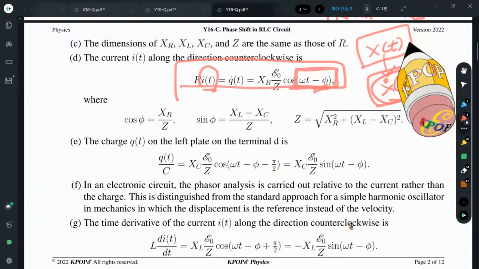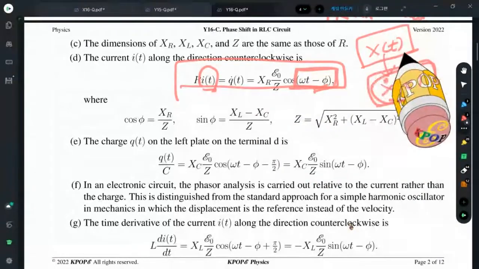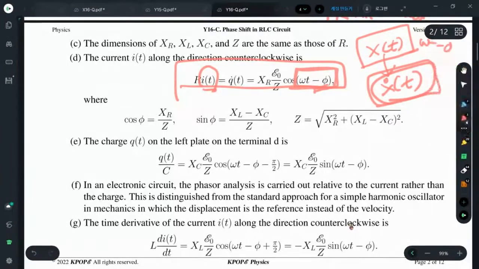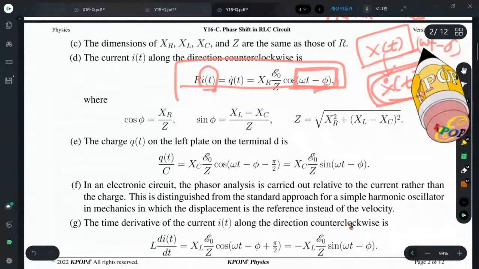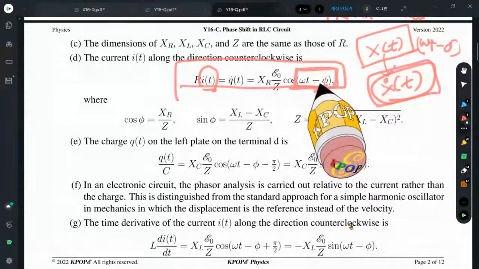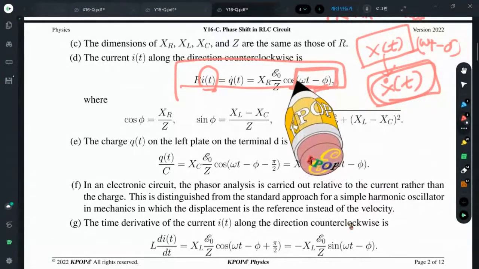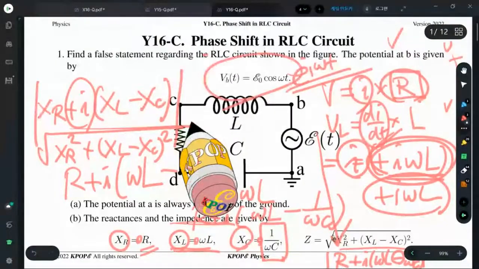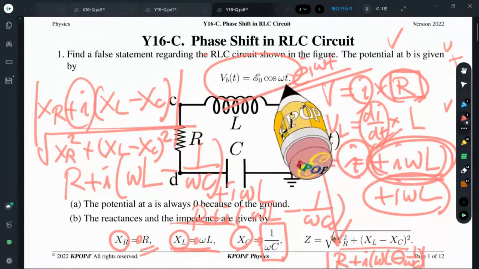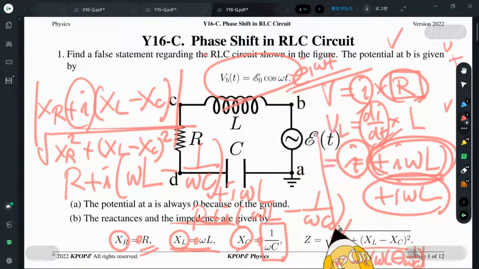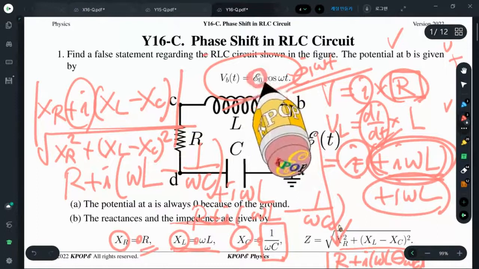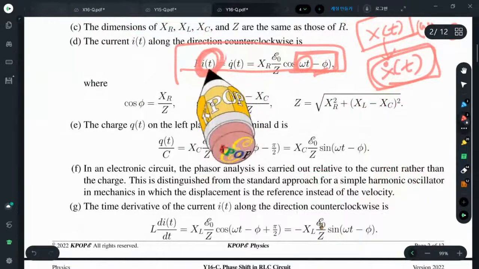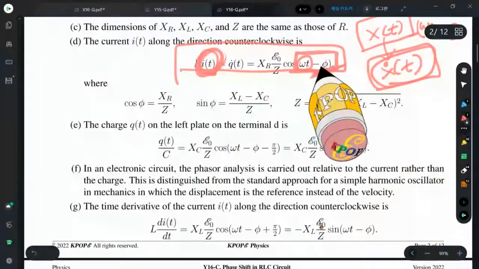So when we considered x of t, we usually substituted omega t minus delta. Here we substitute omega t minus phi, and this omega t comes from the driving force. When the driving force, this potential, has no phase constant, for the current we assume there is a phase shift of minus phi.